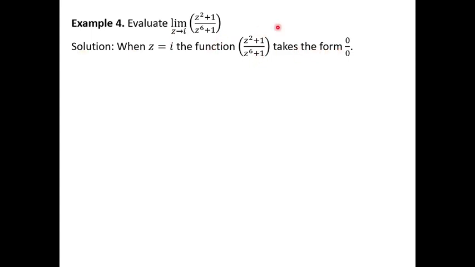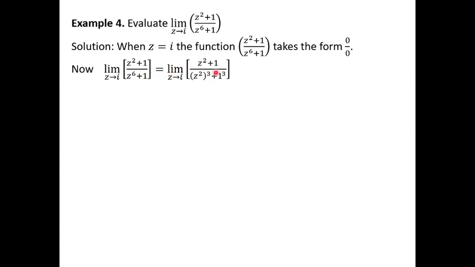Therefore, since it is 0 by 0 form, here we can use two methods. One is the formula method, and the other is the L'Hospital rule method. Here I use the formula method. See here, z to the power of 6 plus 1 can be written as z square to the power of 3 plus 1 cube, which means the a cube plus b cube formula.